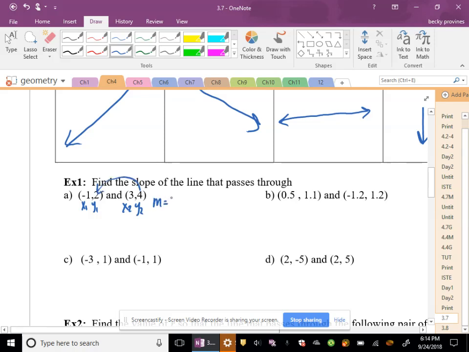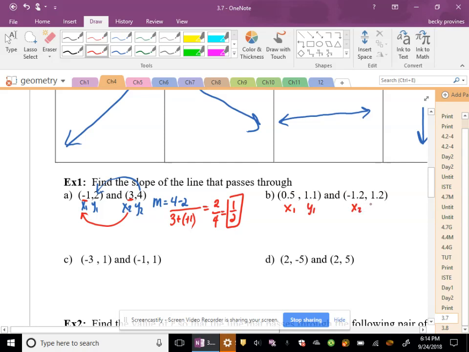So for slope, I have 4 minus 2. And then I get my x values and I subtract those. I have 3 minus a negative 1. Now, as you can see, that's a little tricky because minus a negative turns into plus a positive. So I'm left with 2 over 4, which is a half.